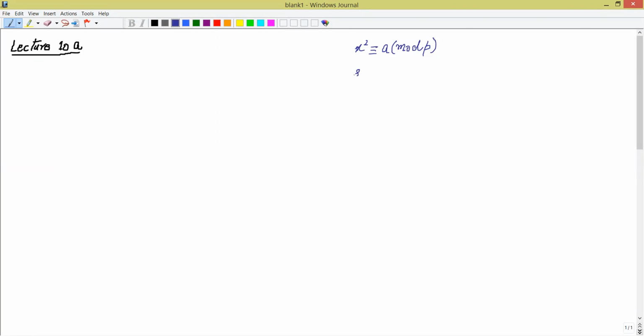One was simply y square is congruent to 10 modulo 13, and this congruence was solvable, and the solution is y is congruent to 6 and 7 modulo 13. So 6 and 7 are the solutions.